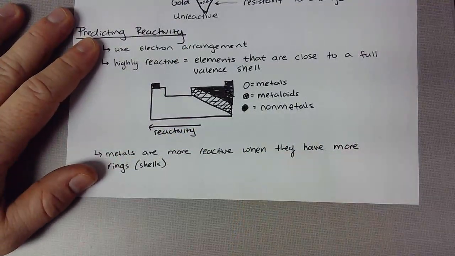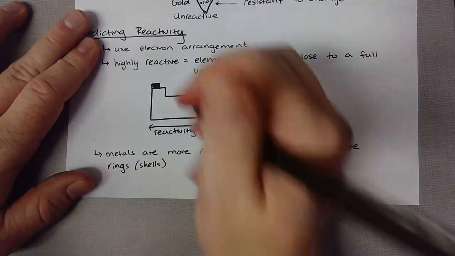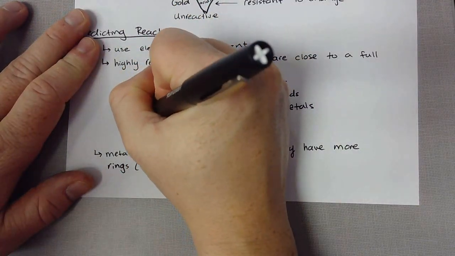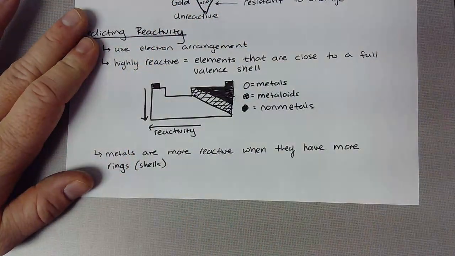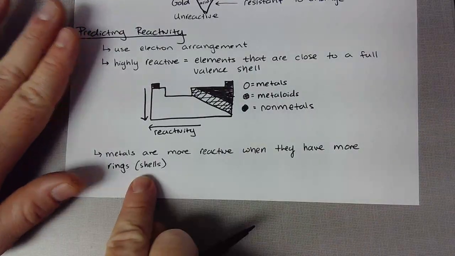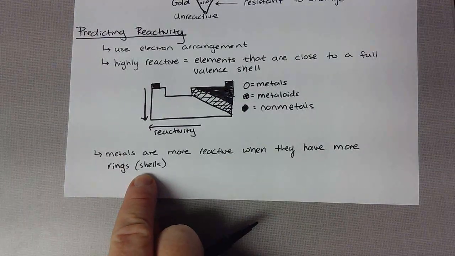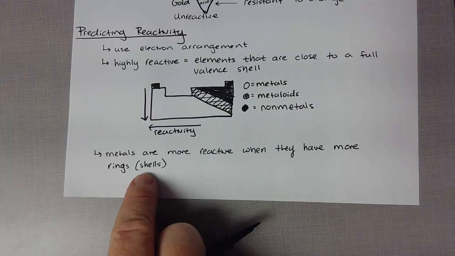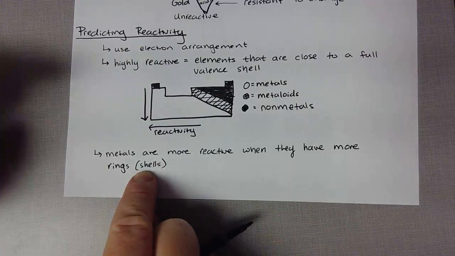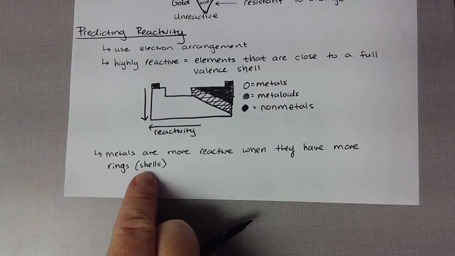Which means metals are going to be more reactive on the left, specifically on the lower left. And we'll learn more about this as we start getting into some sample problems. But these are our rules for reactivity.